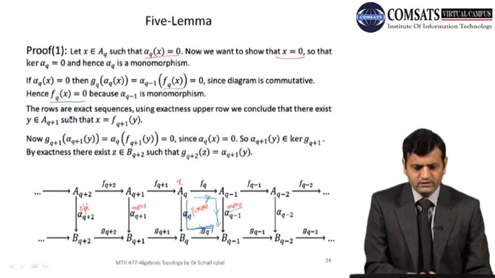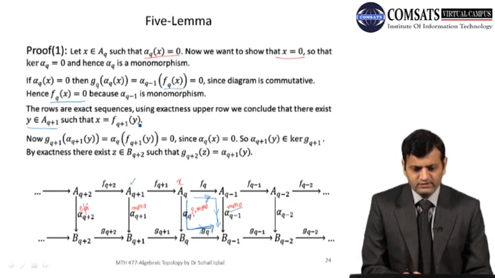Now the rows are exact sequences. In other words, the image of f q plus 1 must be equal to the kernel of f q, and so x, which belongs to the kernel of f q, must be an image of some element of A q plus 1. So there exists an element y belonging to A q plus 1 such that x is equal to f q plus 1 of y.